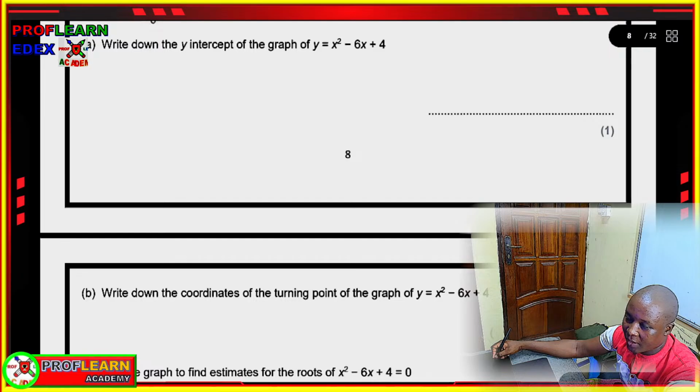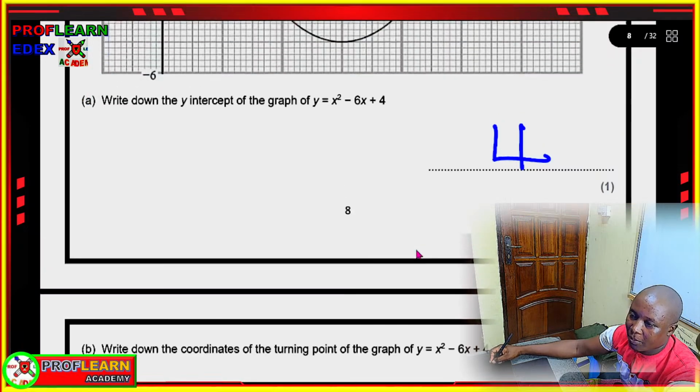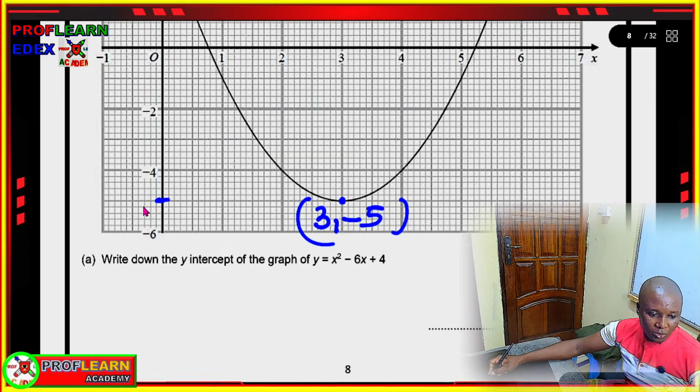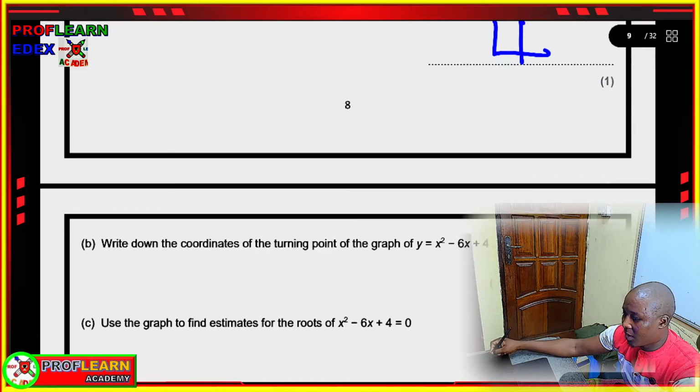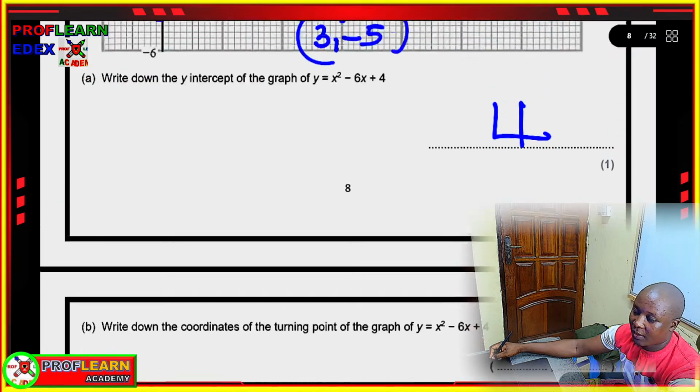The coordinates of the turning point are this value here, and that is going to be 3, negative 5, because this point corresponds to the reading that is here. So we shall write here 3, negative 5.